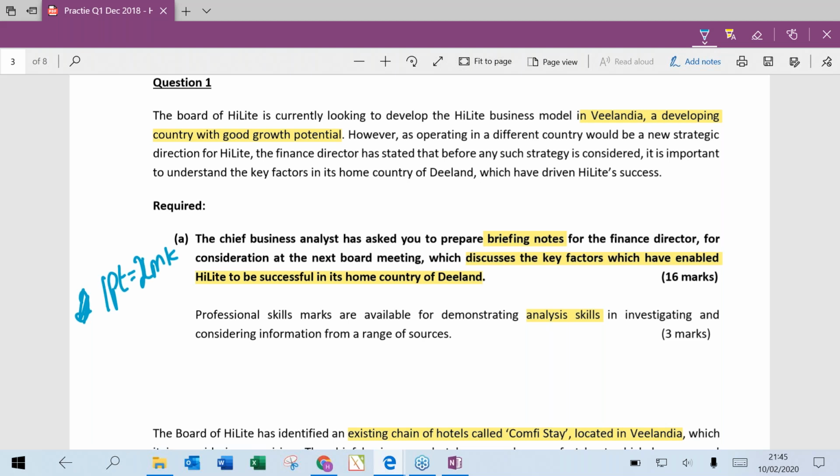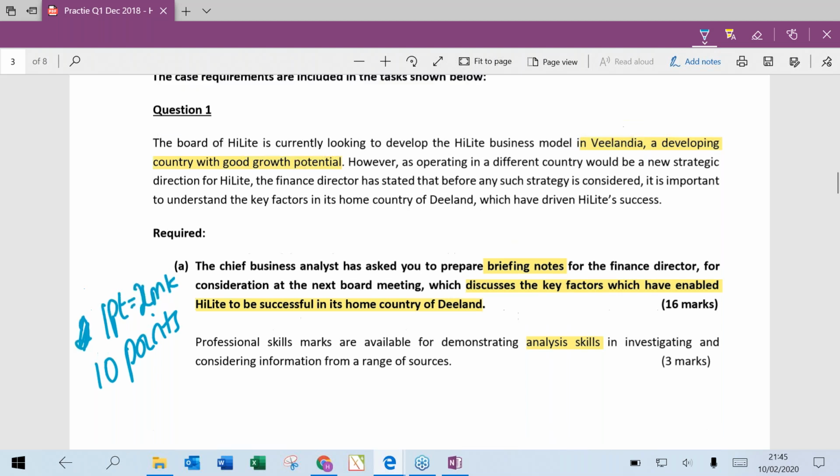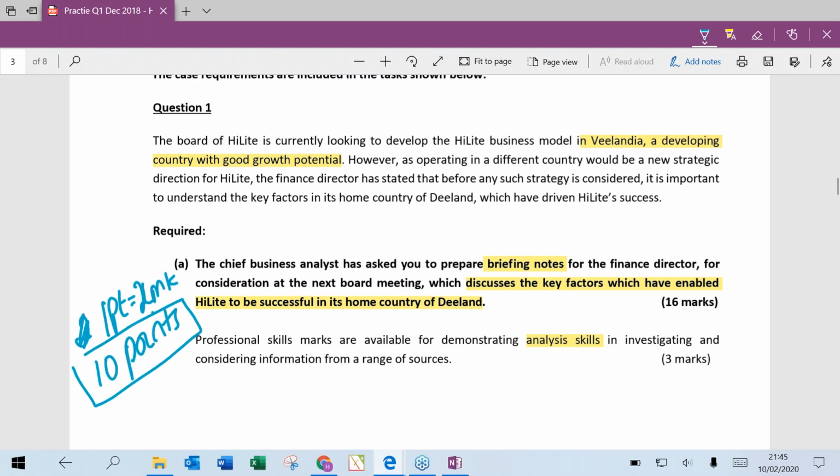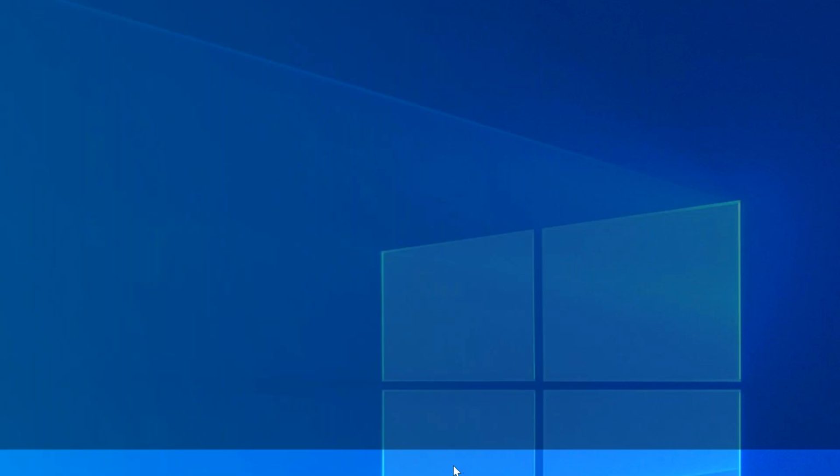So if we go by this rule, for 19 marks, I need to give, let's say, 10 points. So let's target 10 points between internal and external. Right. So the first thing is the format, briefing notes. Whom is it to be addressed to? The finance director. So let me go to our sheet.